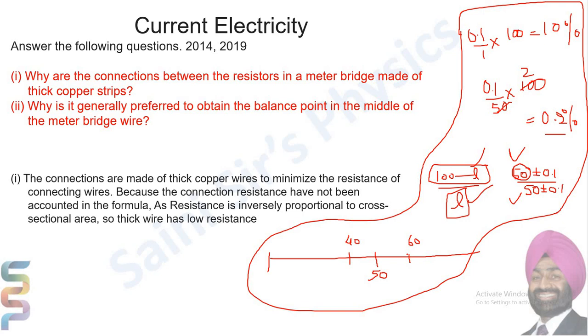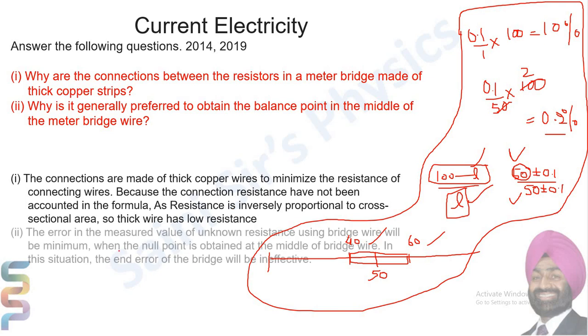So the balance point must be obtained in the middle region of the meter bridge wire, that is 40 centimeter to 60 centimeter, to minimize the error. So this is the reason.